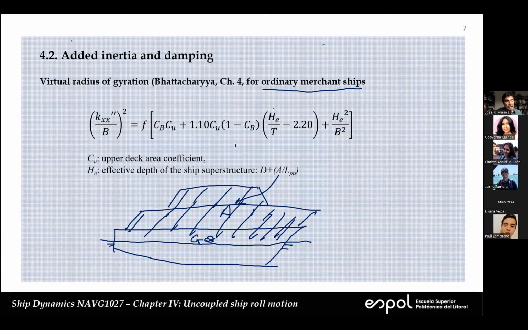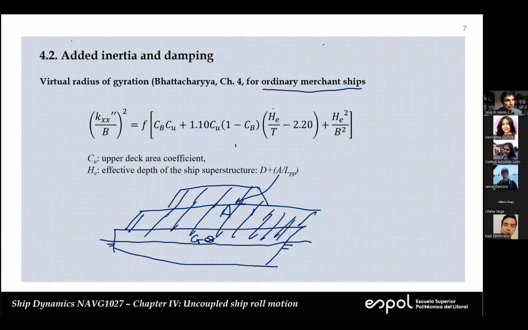The message is that these formulations are not analytic, they are just empirical, so you have to be certain that you apply them within the range of application. In this case, the range of application is the type of ship.